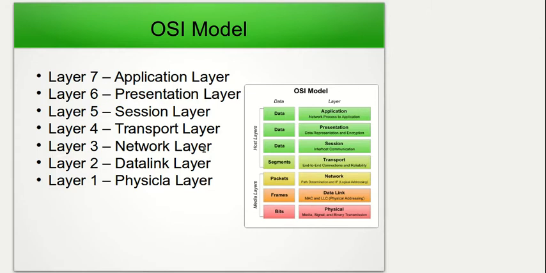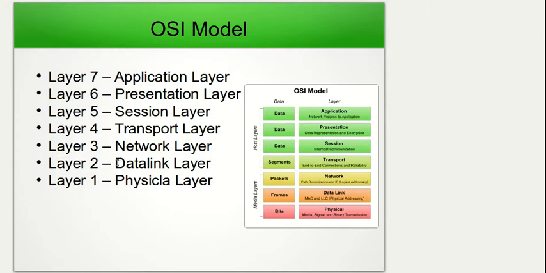Another example is the network layer that defines the end-to-end communication. So where this data is coming from and where it's going to. But it's the Datalink layer which defines the next device in line that we can use to eventually reach that destination device. So each layer provides a service to the layer above it.